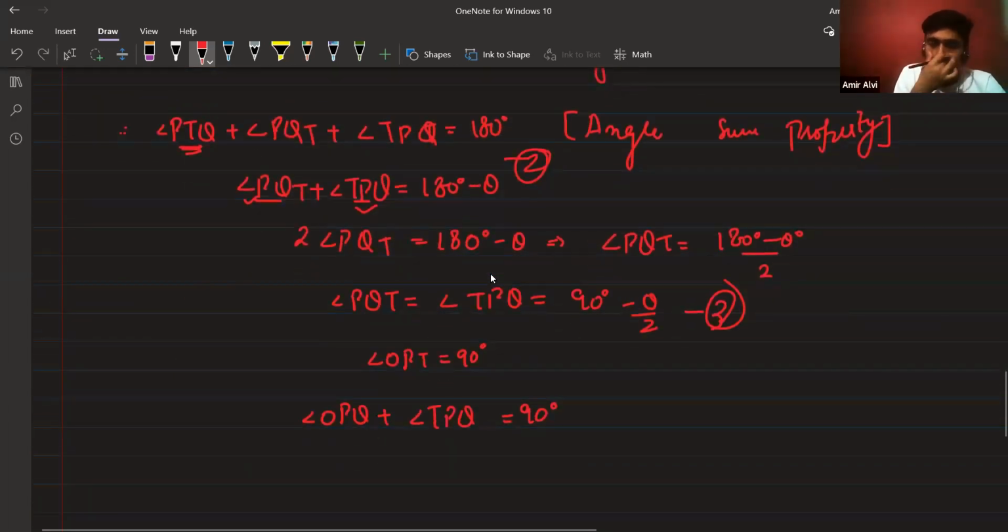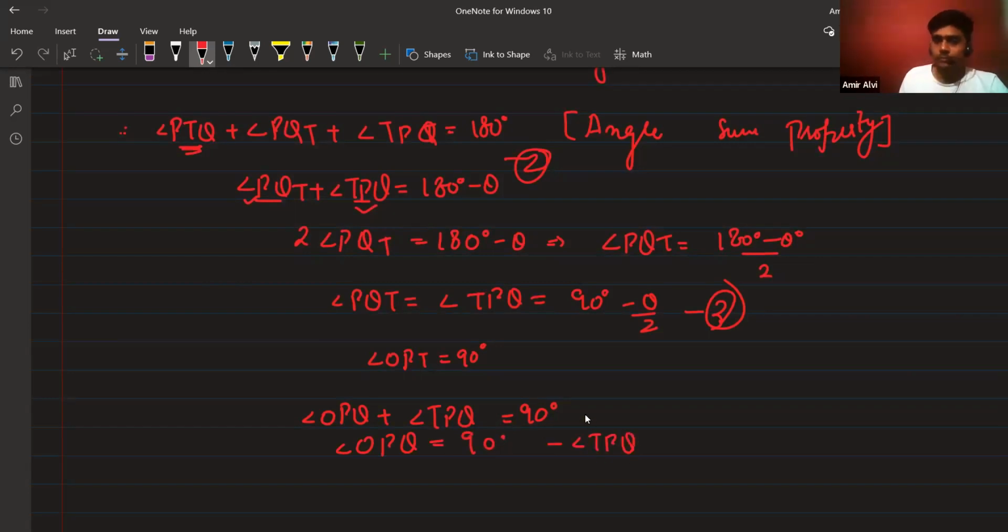Abdullah, you are saying something? Yes, I wanted to go one line above. And angle OPQ will be equal to 90 minus angle TPQ. What is the value of TPQ?